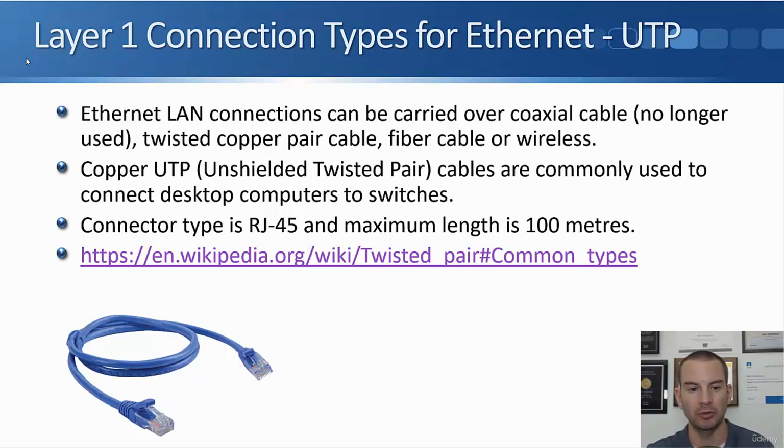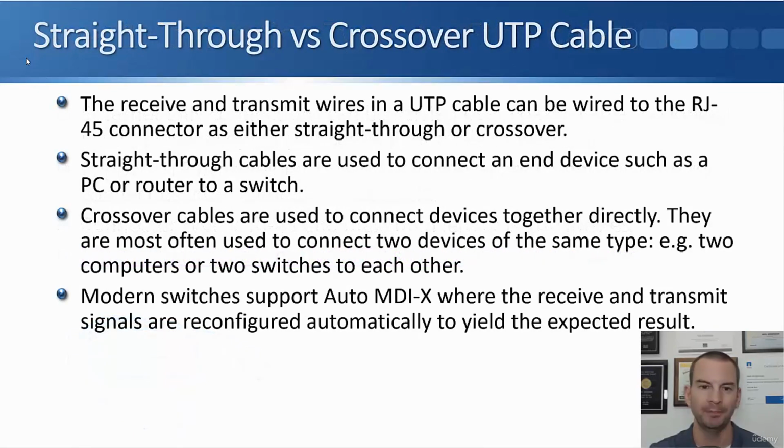They can be cabled either straight through, which is more common, or the wires can be reversed, which makes it a crossover cable. Straight through cables are used to connect an end device like a PC or a router to a switch, so they're more commonly used. Crossover cables are used to connect devices together directly.